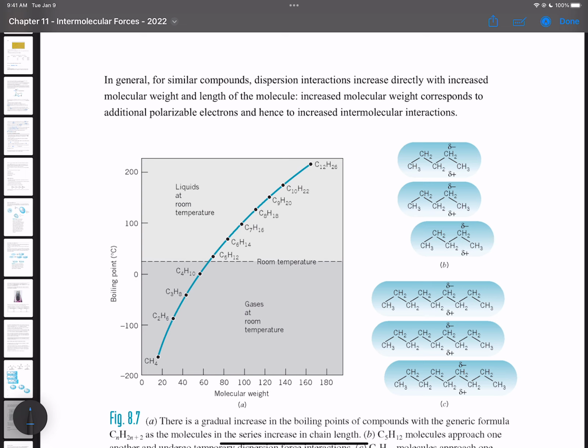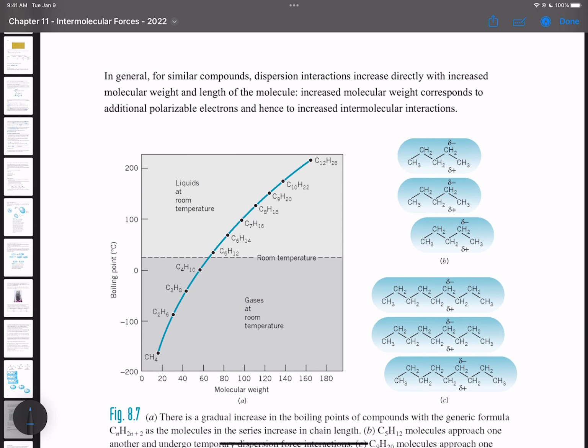So now, if we look at the same trend for hydrocarbons of increasing molecular weight, we see that as we increase the series here, add more carbon and hydrogen atoms, the boiling point gets higher in kind of a logarithmic fashion here, or like a polynomial function.